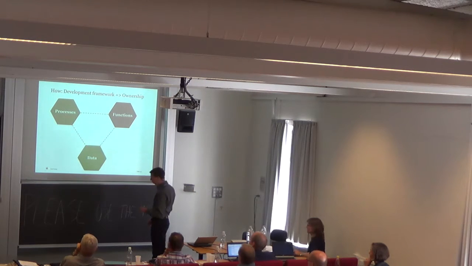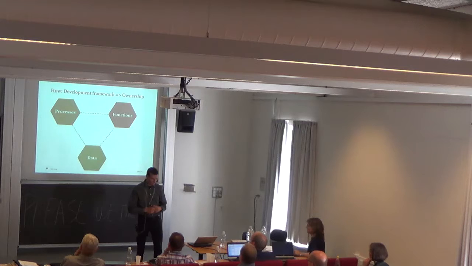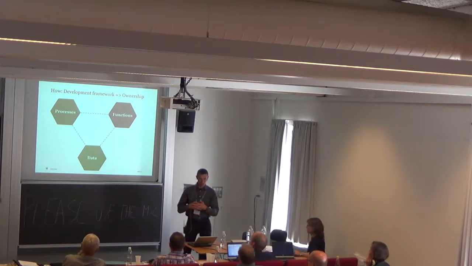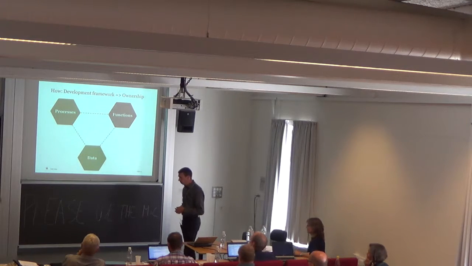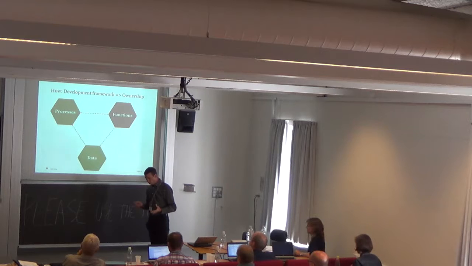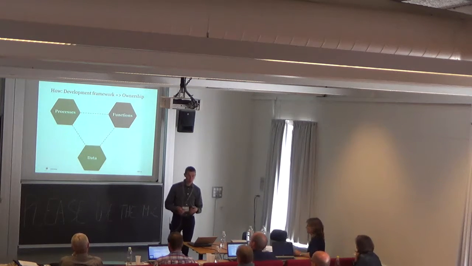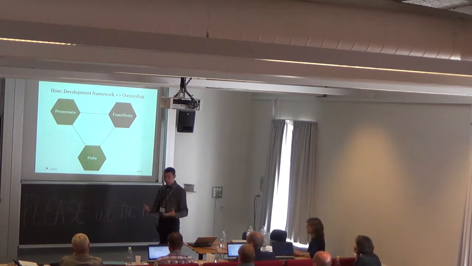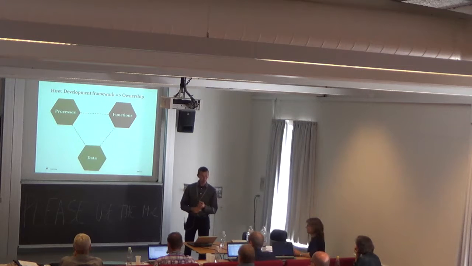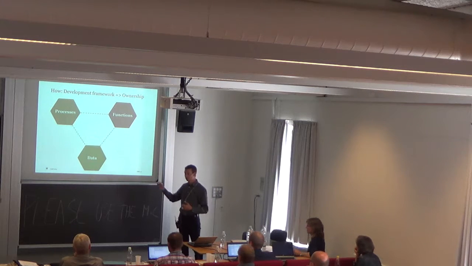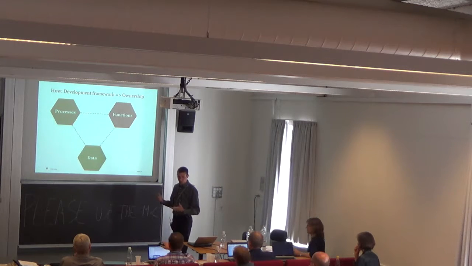And to support this, we have implemented a development framework or a mindset that we want to use each time we pick up a new project in the organization. That each solution or system or whatever consists of three corners: processes, what are we doing and how are we doing it; information or data that we use or produce in the processes; and a number of functions that will support the work that we do.